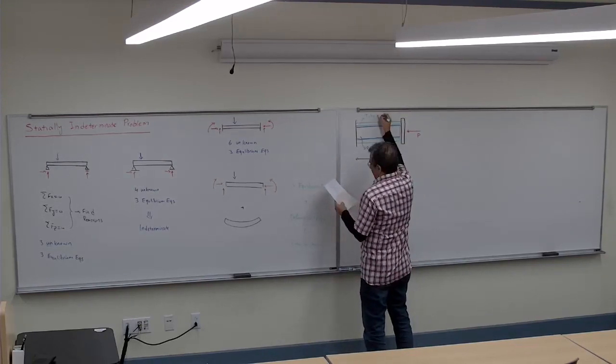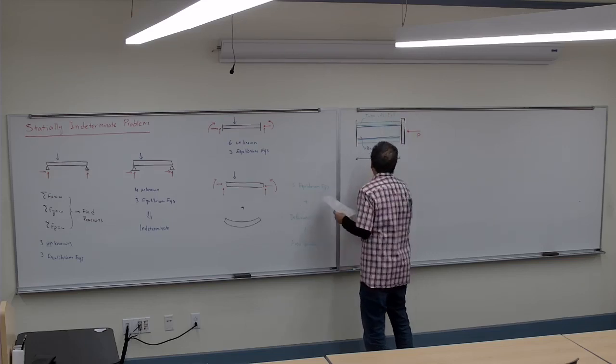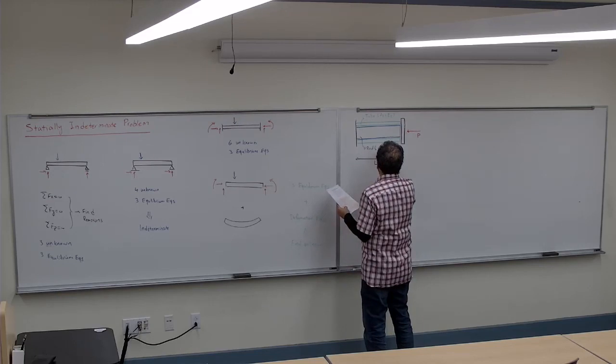So that tube, assume it has a cross-section area of A2 and E2, and the rod has a cross-section of A1 and E1.